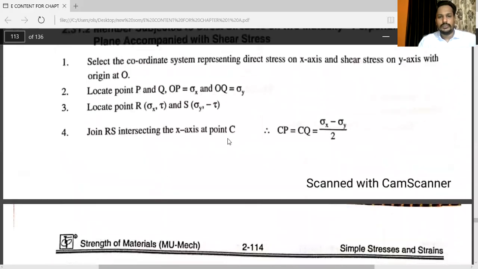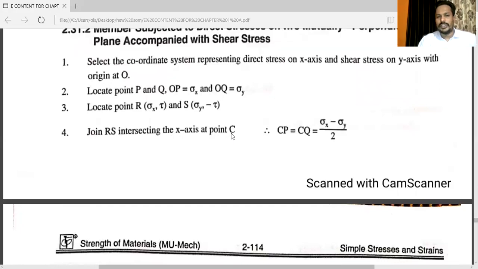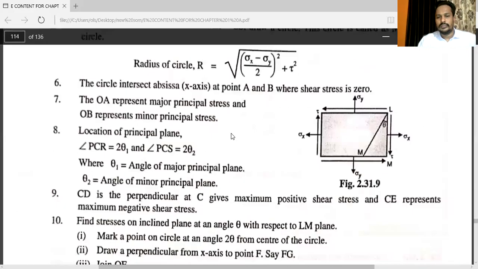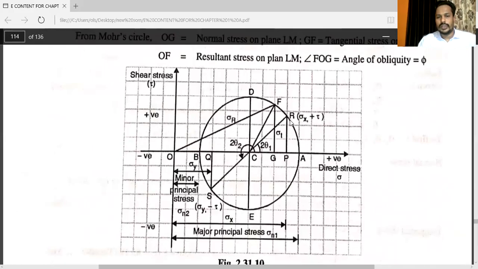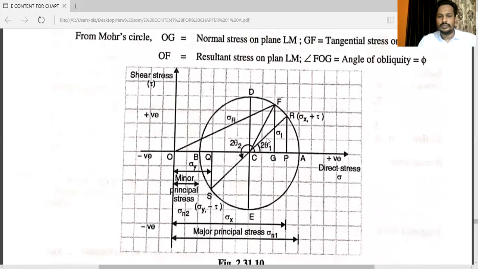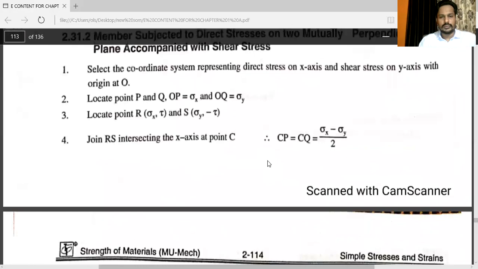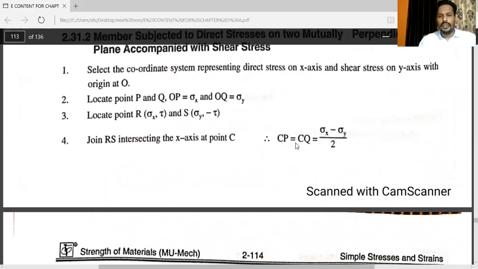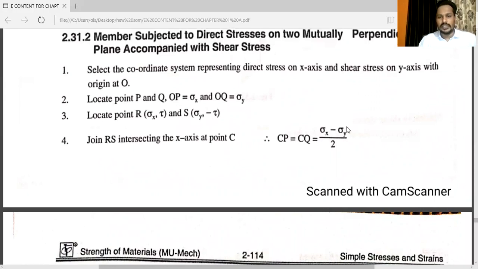See here, join RS, intersecting the x-axis at point C. You can see this R and S. CP is equal to CQ is equal to sigma x minus sigma y by 2.